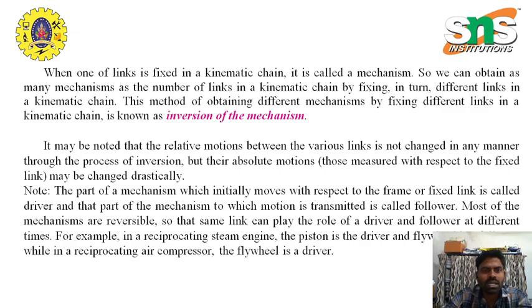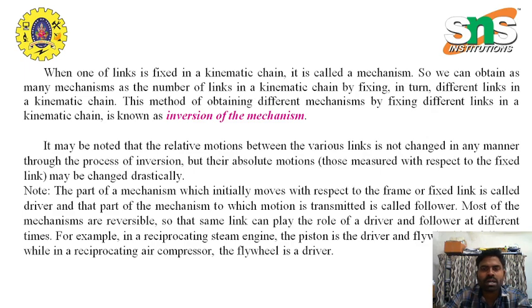So when one of the links is fixed in a kinematic chain, it is called a mechanism. And with the fixed link, the entire system revolves and it performs some action. We can obtain as many mechanisms as the number of links in a kinematic chain by fixing in turn a different link in the kinematic chain.